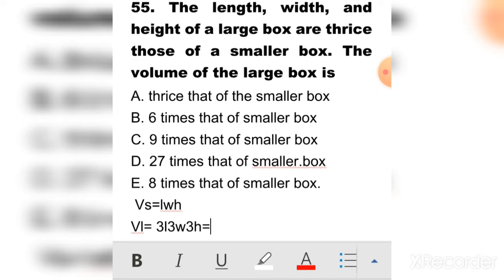So this is now the volume of the large box. So 3 times 3 times 3 is 27, and then length times width times height. Therefore, the correct answer is letter D, 27 times that of a smaller box.